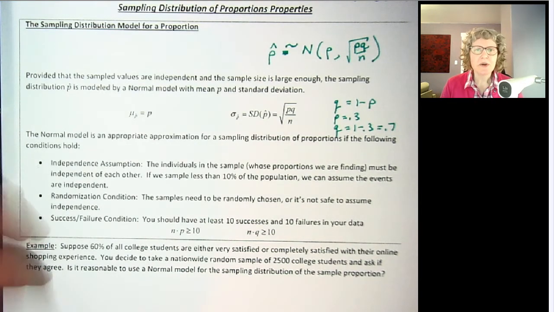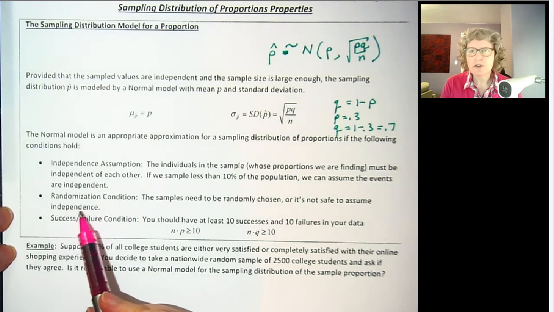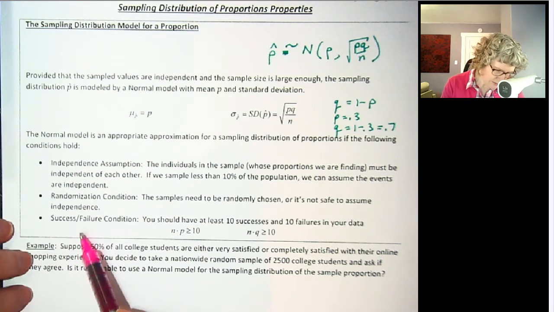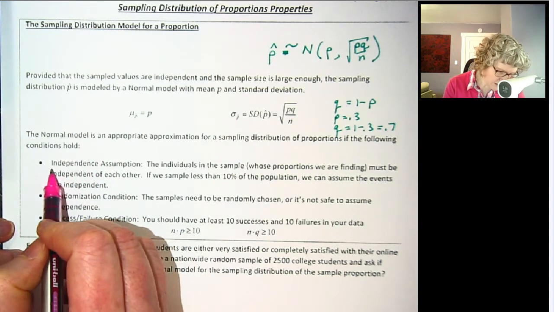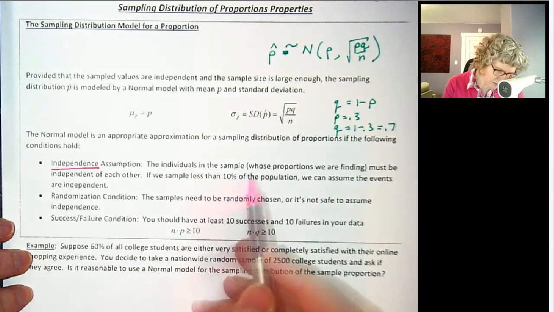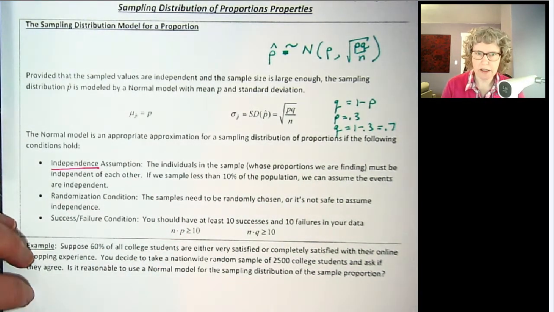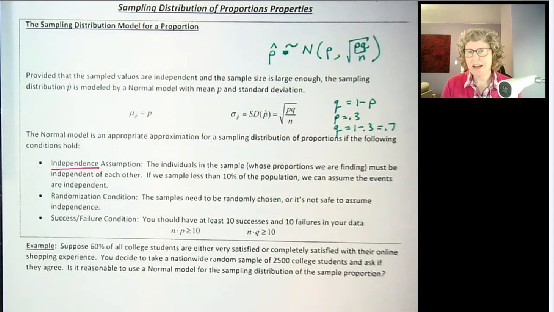Now let's talk about the conditions. The first two conditions are the same, and the third one is different. The first is the independence condition: the individuals in the sample must be independent of each other, meaning one can't be influencing the next. This goes hand in hand with randomization.